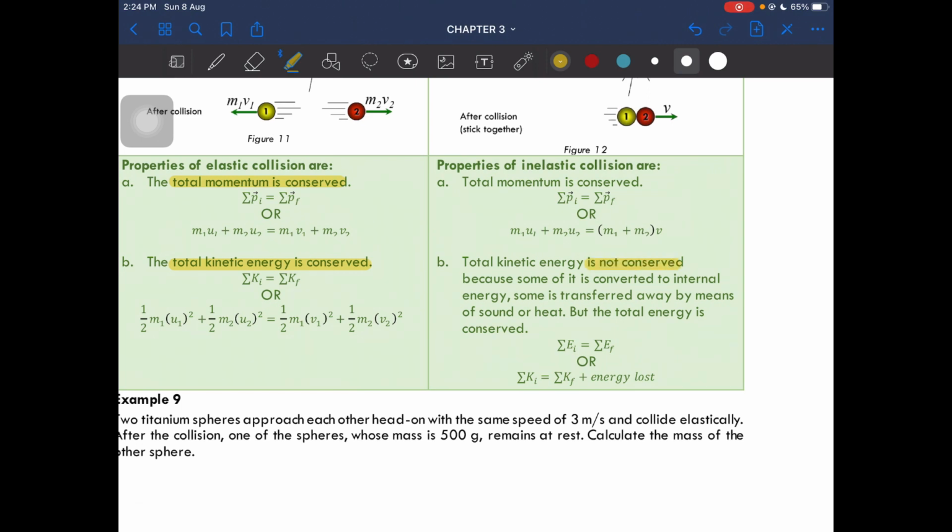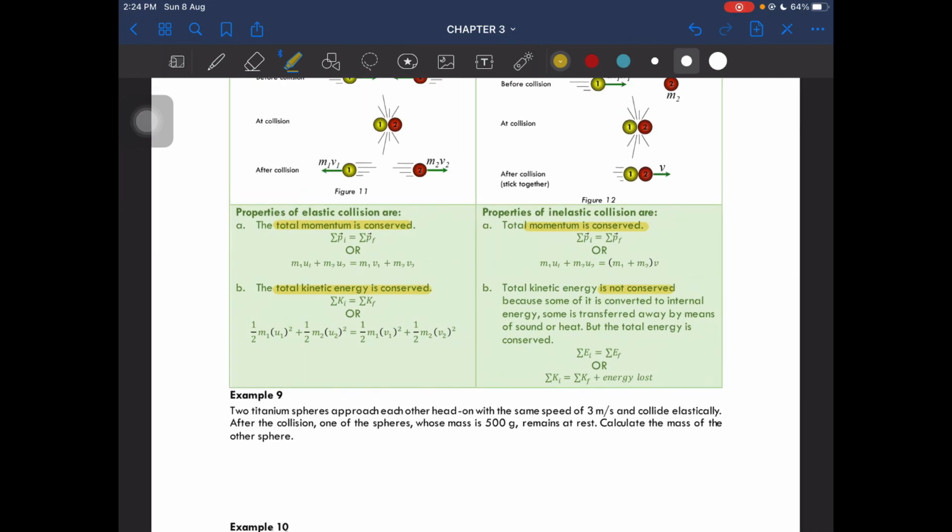It is not conserved because some of it is converted into internal energy, and some of it is transferred by means of sound and heat. So this is why we consider energy loss in inelastic collision. But remember, total momentum is always conserved no matter what type of collision it is.